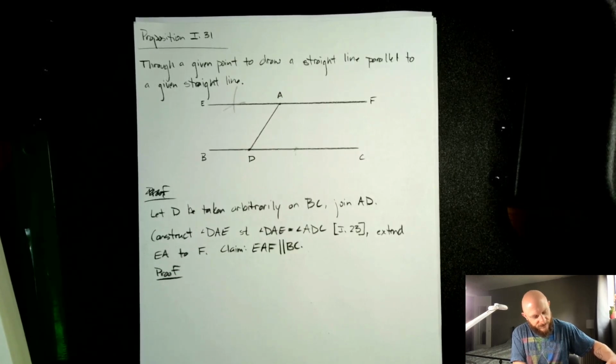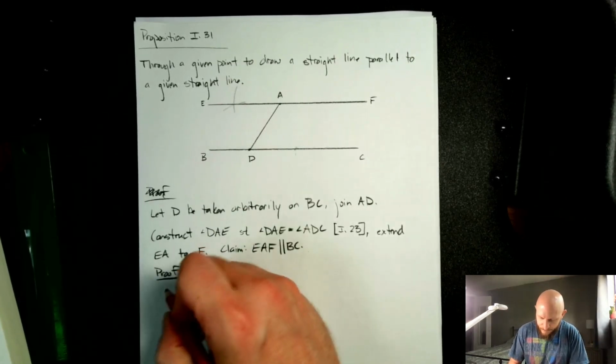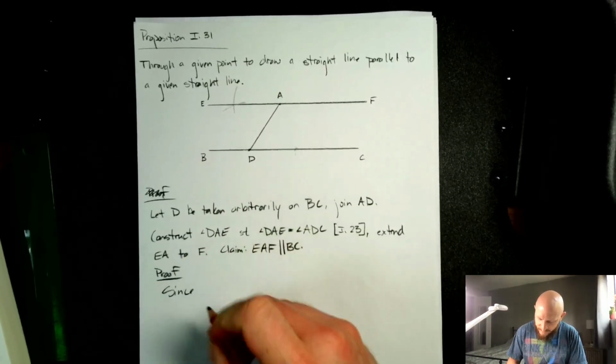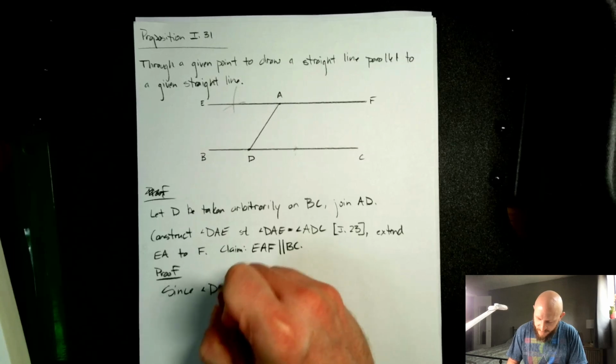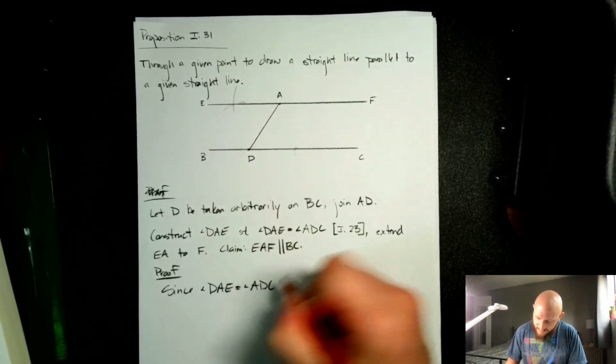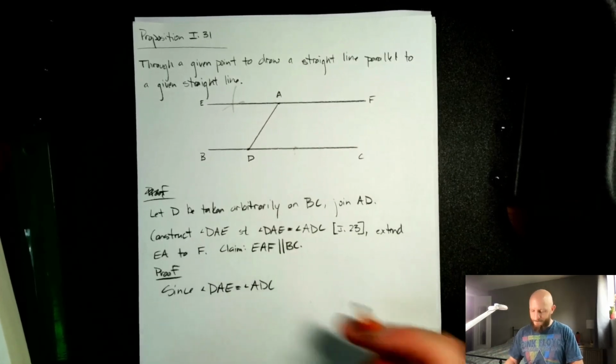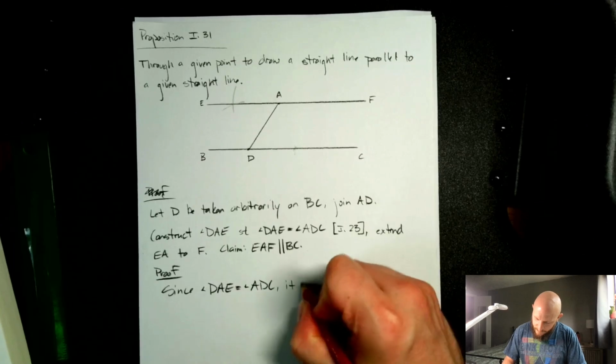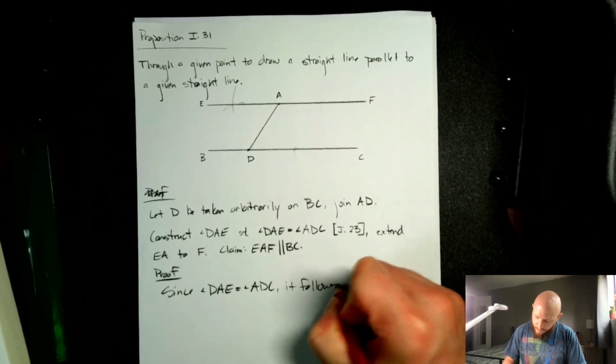It's pretty much a one-liner proof, and it follows from the construction and one of the previous propositions. Since angle DAE equals angle ADC by construction, the result follows.